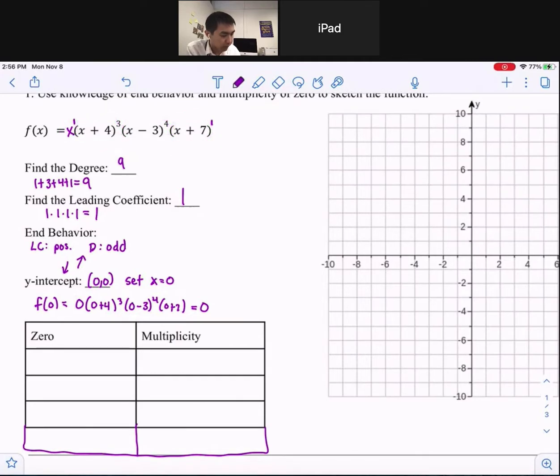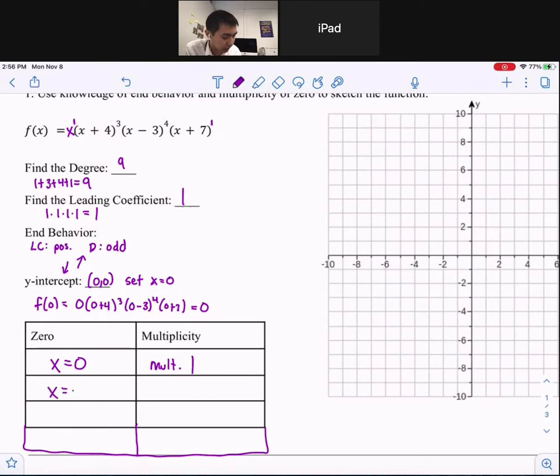So for this factor right here, what would make that a 0? If x was equal to 0. What's the multiplicity? Look at the power, it is 1. So multiplicity of 1. What would make that a 0? If x was equal to -4.